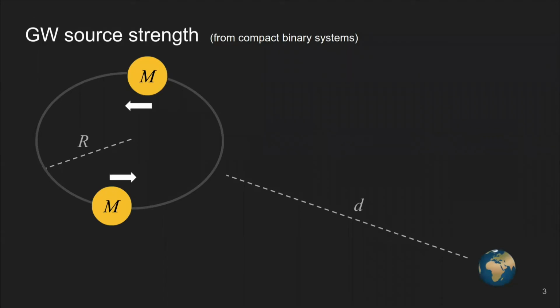So in terms of sources, there are many different things that can cause gravitational waves. Sort of the first source that you learn about when you first learn about gravitational waves is a binary star system, or a binary system of stellar remnants, I should say. We usually think about neutron stars and black holes orbiting each other.